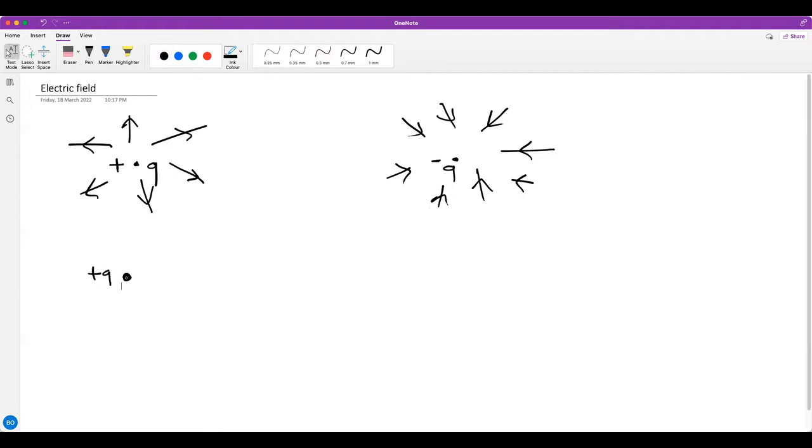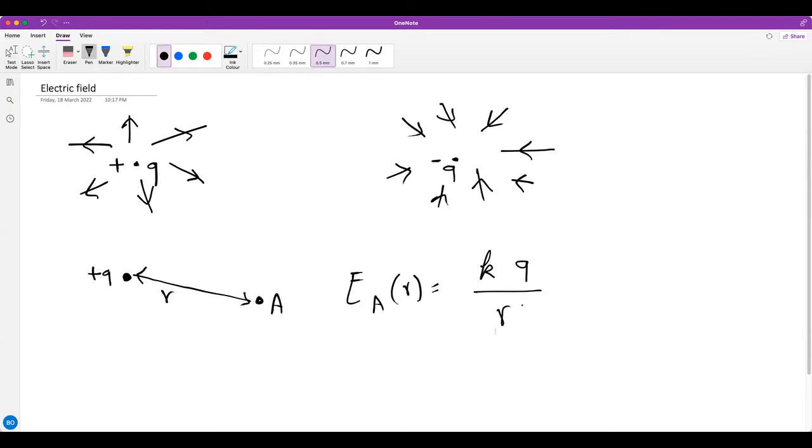The electric field that this charge will create at a point, let's say a point A, located at the distance R, is equal in magnitude to K, the value of the charge over the distance R squared.